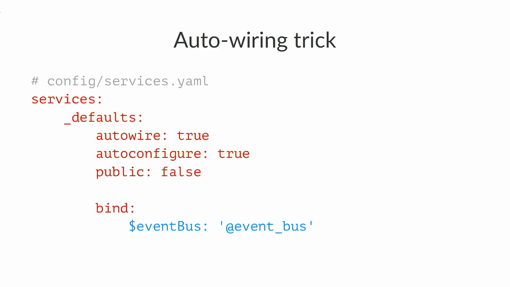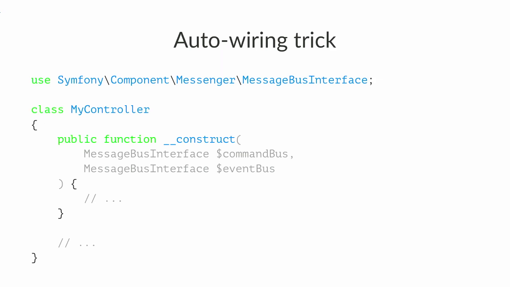And we can hijack that as well to inject the right service based on the parameter name. If you do that, and you've got something like this, it is going to work. So you are going to be able to inject multiple instances with the same interface, but different buses. I hope I didn't lose many of you here.